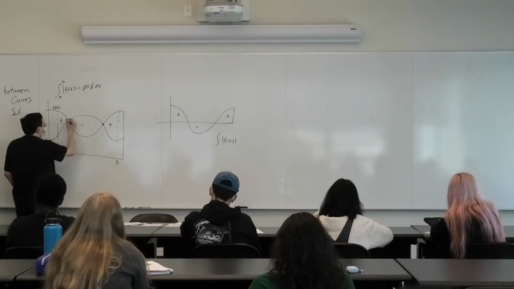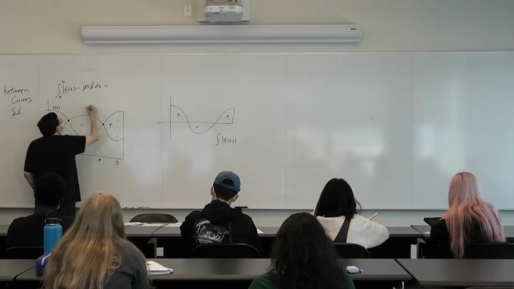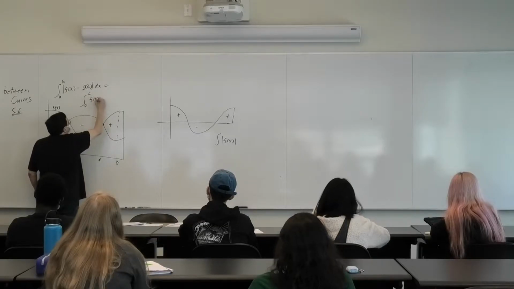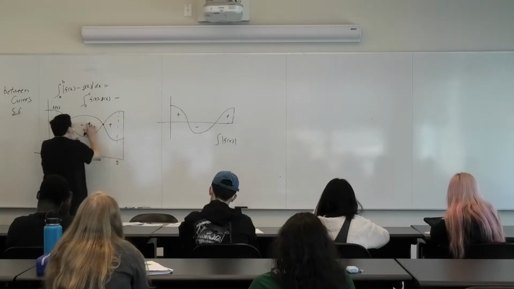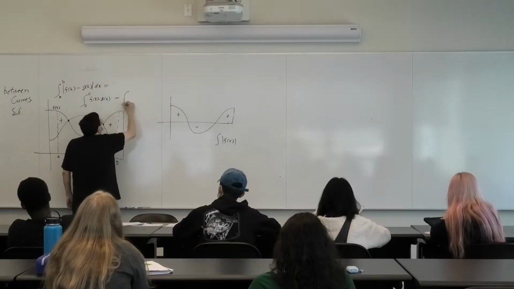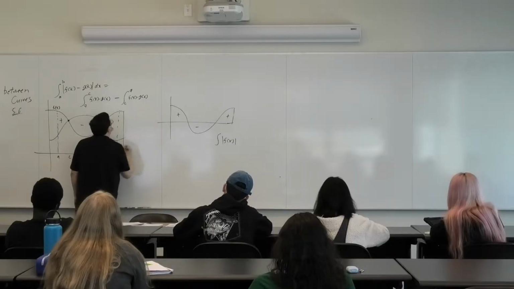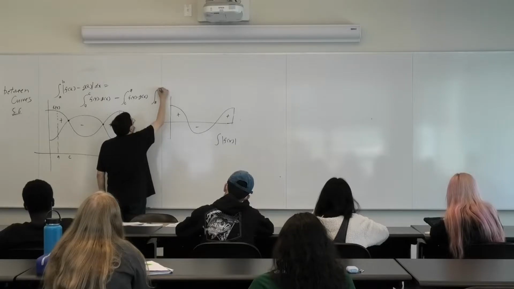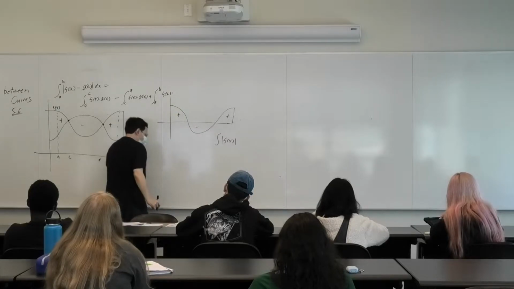We'll call them C and D. So this will become the integral from A to C of f of x minus g of x, minus, since this will be negative area, the integral from C to D of f of x minus g of x. And then from D to B, it'll just be positive, f of x minus g of x.